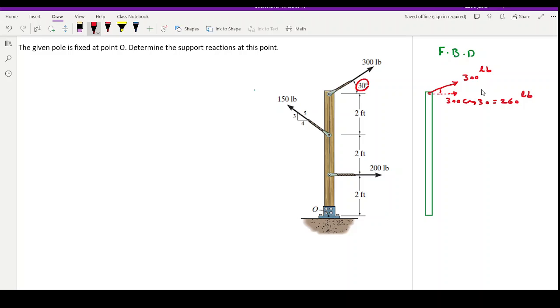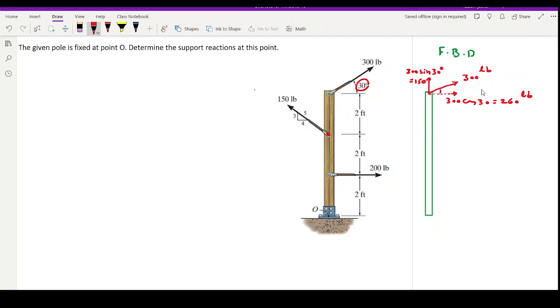It's going to have a y component, which is 300 sine 30 degrees, and that's going to be 150. This is our first force.